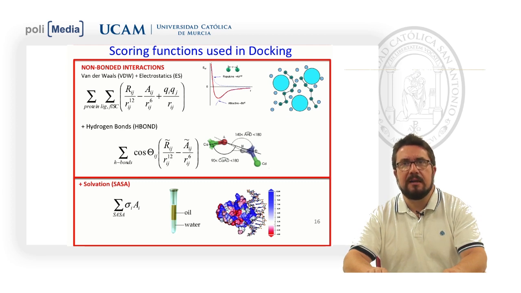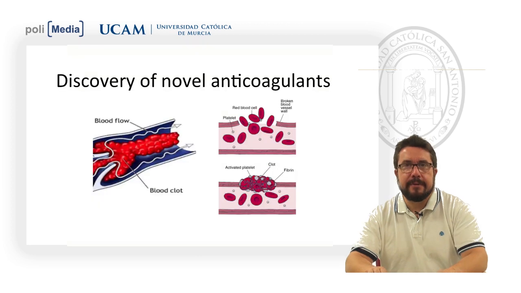We can see here a double summation, also solvation, which is based basically on the computation on the molecular surface. And we want to highlight here that these are not very complicated mathematical formulae, but they are very costly for the computer. But from the other side, they are very easy to parallelize.